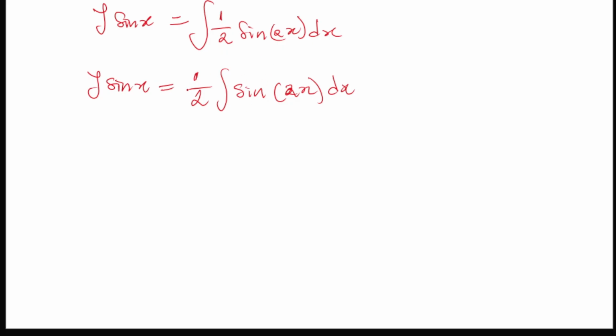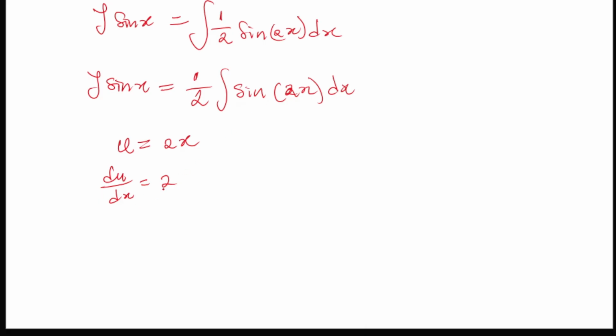If we want to simplify what we have here, we can say that our u is equal to 2x. Since we have u to be 2x, we can differentiate u with respect to x such that we have du over dx is equal to 2. So if we have du over dx equal to 2, can we find dx so that we can input dx into this equation?